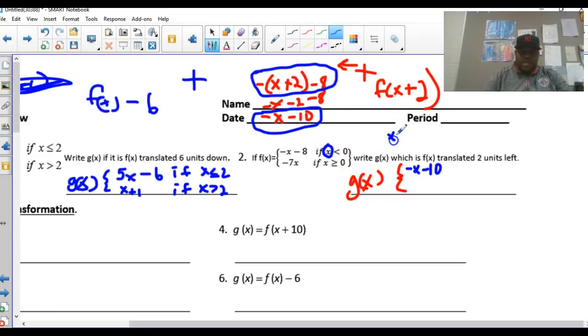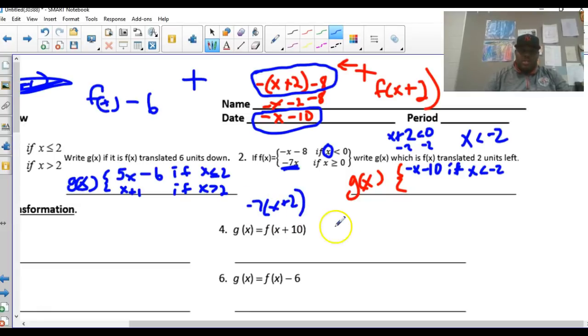So if I go x plus 2 less than 0, I need to solve that. I'm going to go minus 2, and you get x is less than negative 2. So if x is less than negative 2, and then we need to do this part right here. We have negative 7, and we go x plus 2.